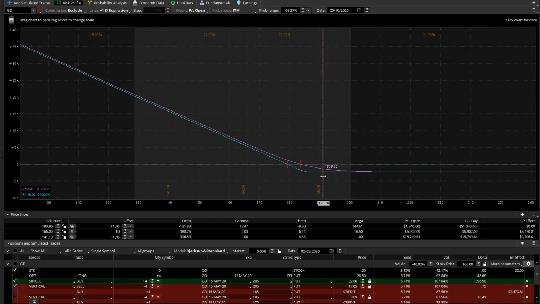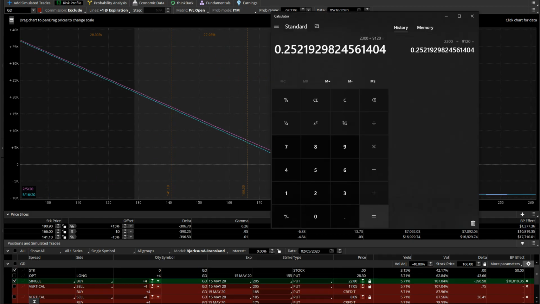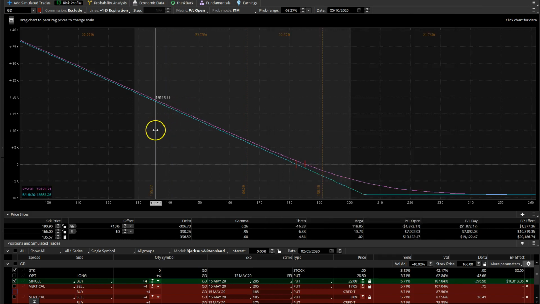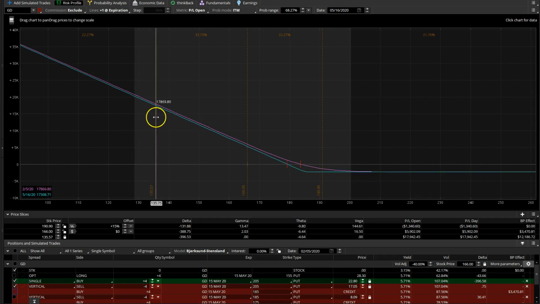So I reduce my risk by 75%, but I still have the capacity to make almost the same amount of money. I'm reducing my max win by a small percentage compared to how much I am eliminating my risk.